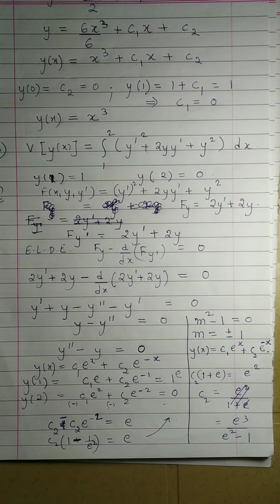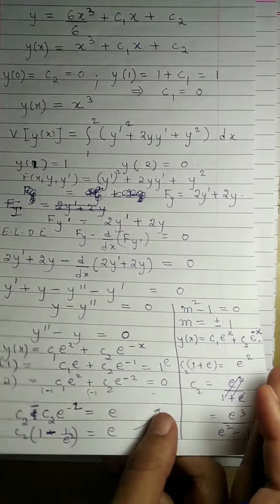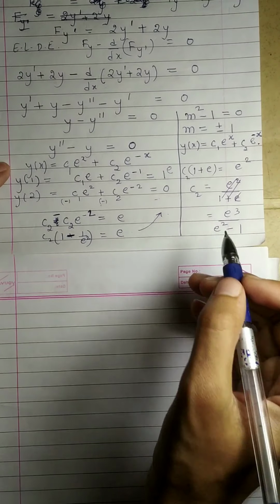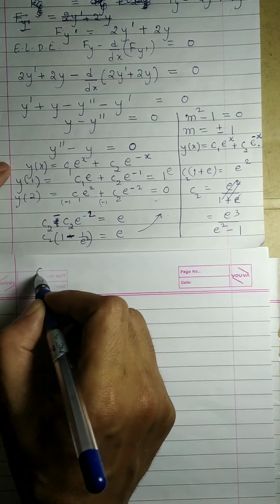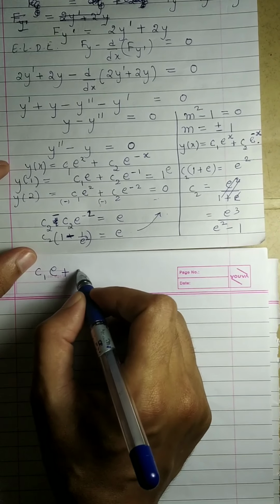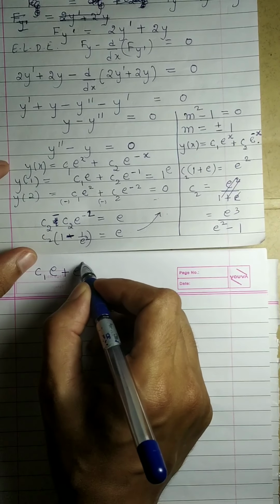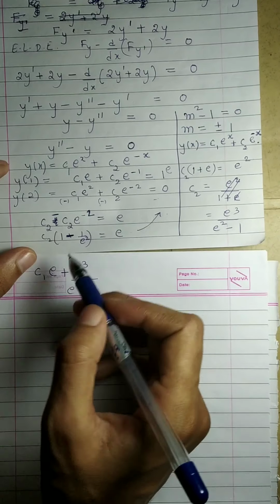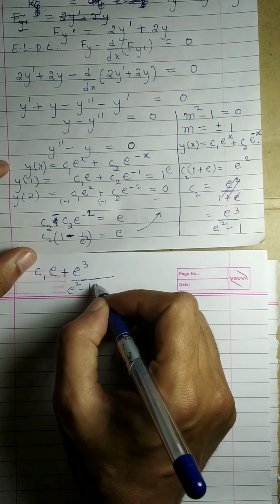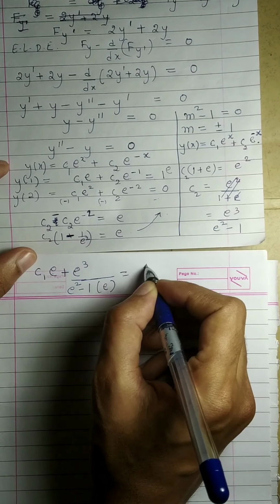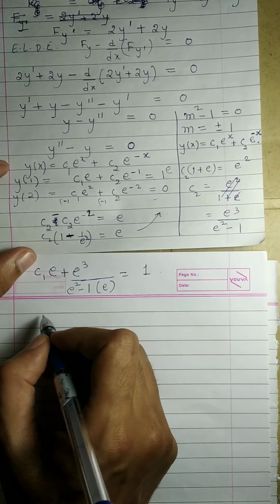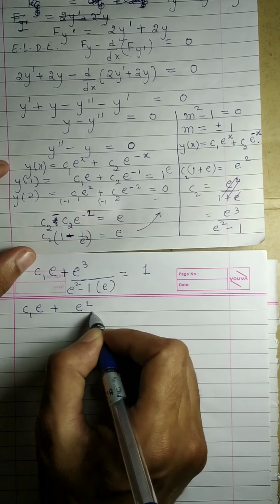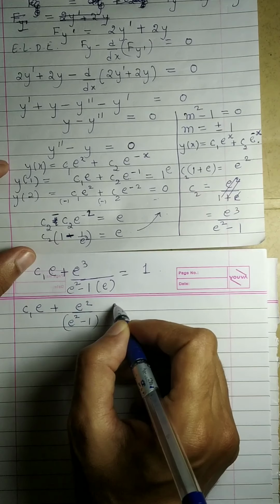Now we go ahead to find the value of c1. We have c1 e plus c2 into e equal to 1, with c2 being e cube by e square minus 1. So that will be c1 e plus e square by e square minus 1 equal to 1.